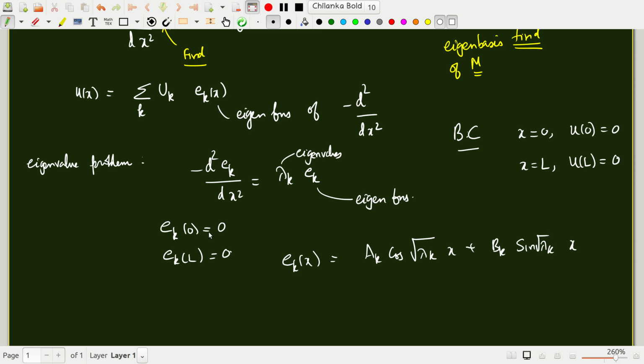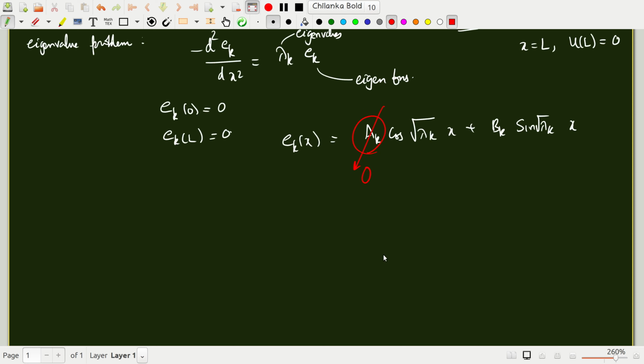If I use the condition that at x equal to 0 the eigenfunctions are 0, then the coefficient ak must be 0. We are now left with only the other condition. At x equal to L, ek is 0. That means bk sine of root lambda k times L should be 0. bk itself cannot be 0, otherwise you will get a trivial solution.